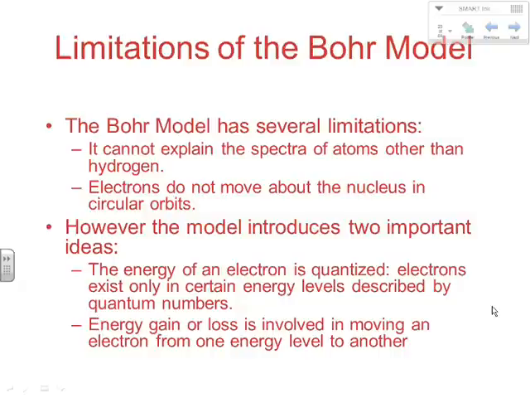So really, the Bohr model could not explain the spectrum of any atom other than hydrogen, but mathematically it beautifully predicted hydrogen. And we also now know the electrons really don't move about the nucleus in these circular orbits that he called orbits that they were based upon inside the atom. So part of his model was fundamentally flawed, but at least it got us thinking in the right direction that electrons can exist at certain specific energies and only at certain energies.